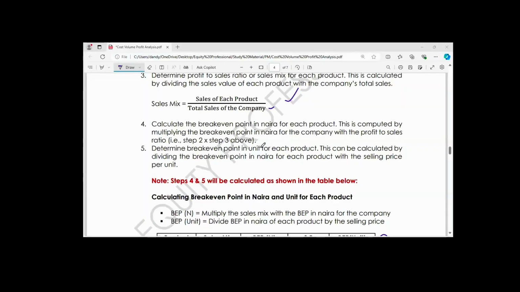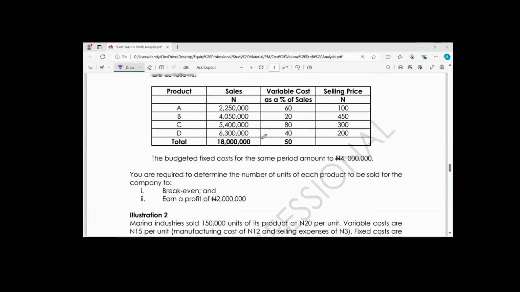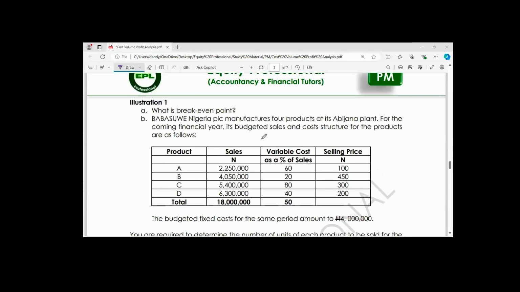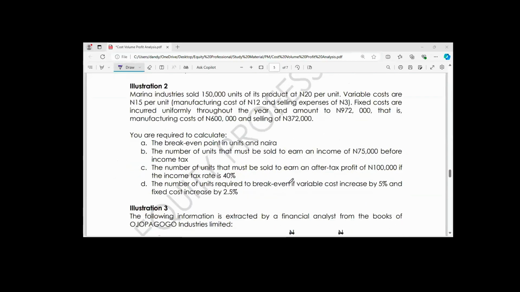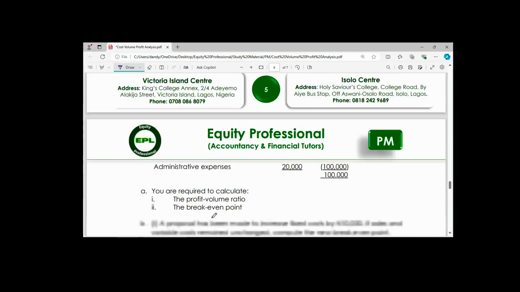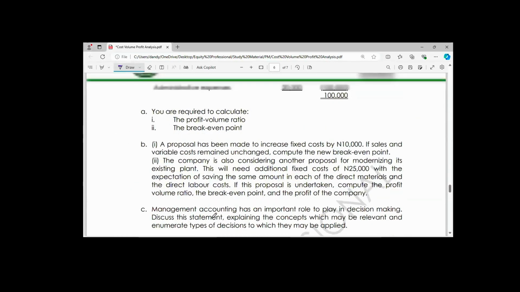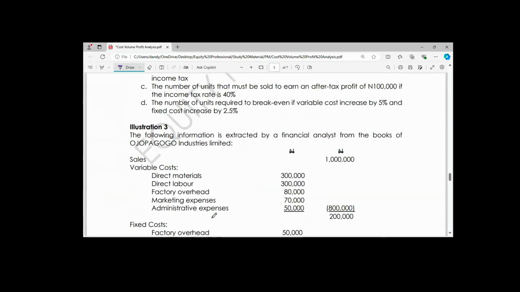I forgot. We have not even read the question. So let's go to the illustrations. Let me see the questions that we are going to solve. Let's start from illustration number 2. If time permits, after illustration 2, we should also solve number 3.